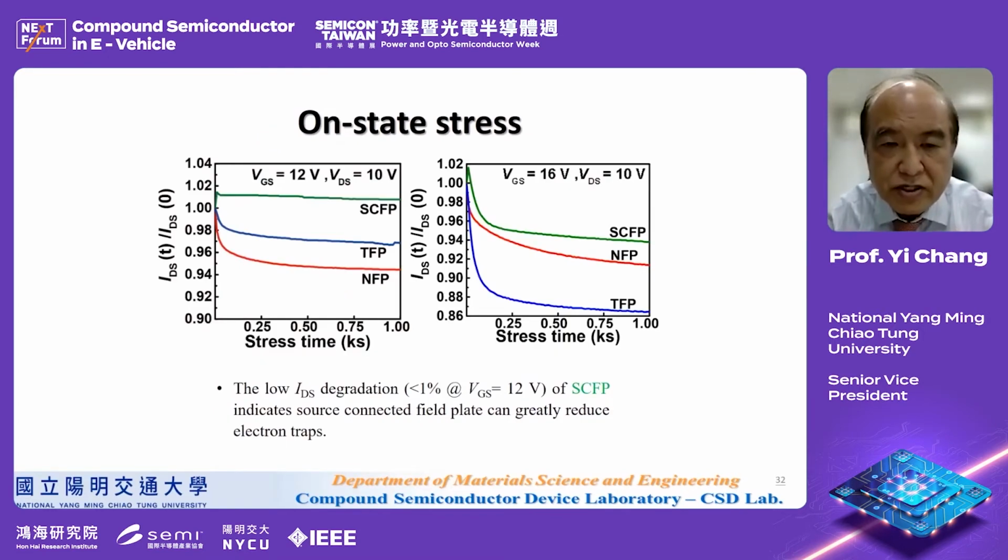This is the on state stress relapse. You can see that with stress time, the source connected field plate becomes very stable, and the reduction in current is the lowest for the source connected field plate.